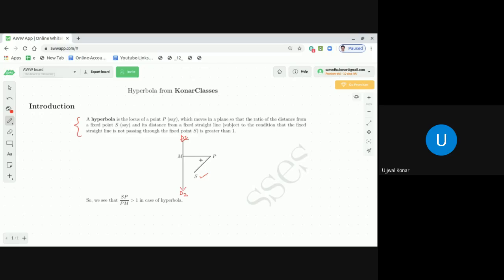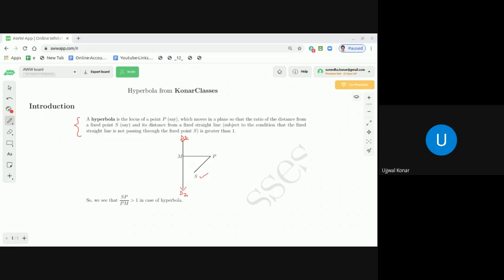So SP by PM greater than 1, then we call it a hyperbola. That fixed straight line is known as the directrix, as you know, and the fixed point S is known as the focus.